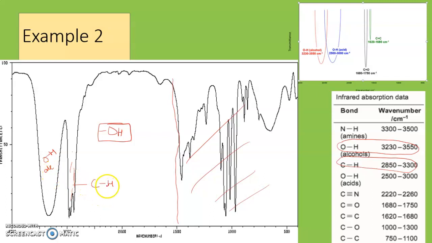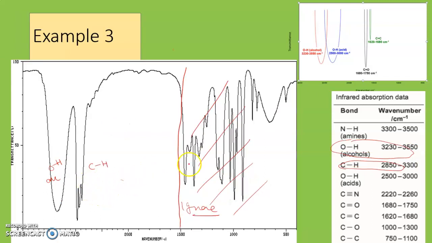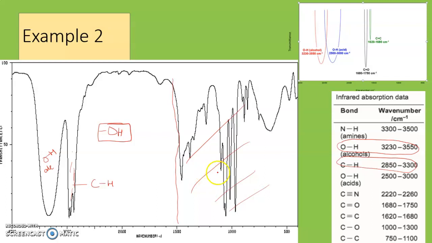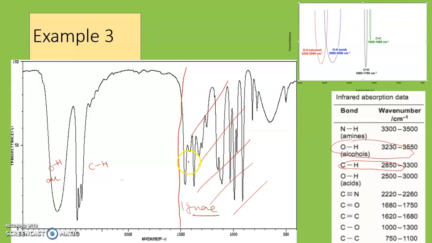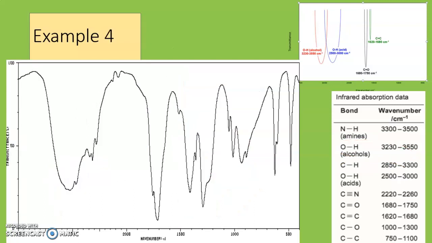Both are of alcohols, but we will not be able to identify the exact alcohol. If you look at, I'm going back and forth between example 2 and 3, they both differ in the fingerprint region, and that's why you will not be able to identify the exact identity of that compound unless you look at the database for the fingerprint comparison. So all you can do is say the functional group is OH.